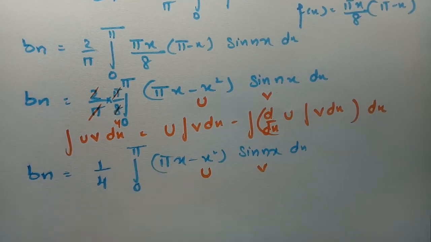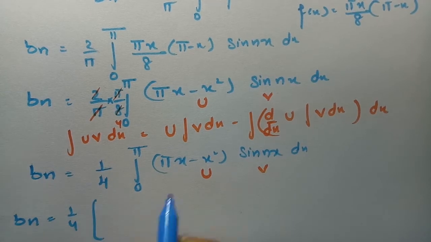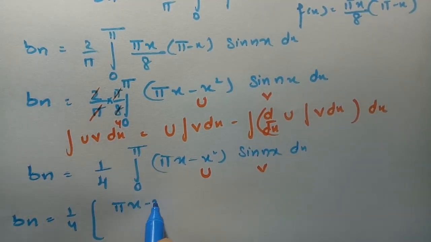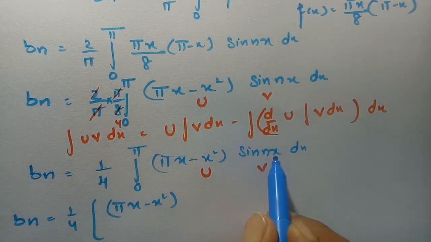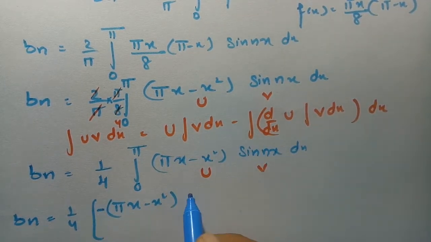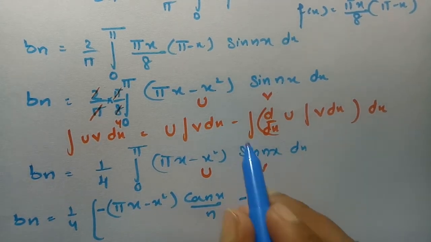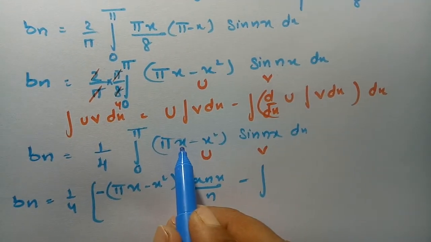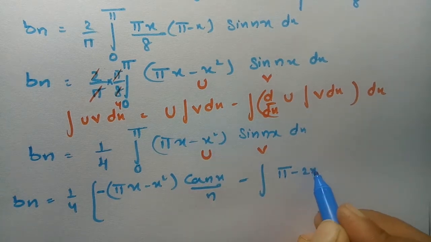Now I am going to substitute in this formula, that is bn is equal to 1 by 4 times of u I have to leave as it is, that is pi x minus x square. v I have to integrate. For integration, sine nx is nothing but minus cos nx by n. Directly I am doing minus integral derivative of u. What is the derivative of u? For x it is 1, pi remains, and for x square this is 2x.